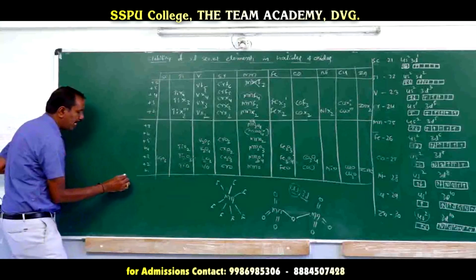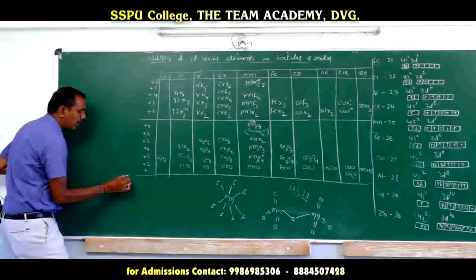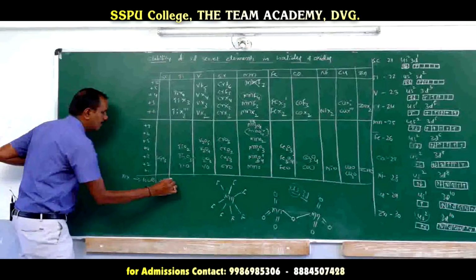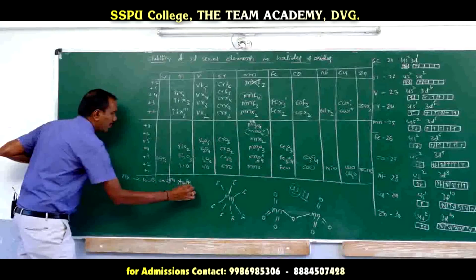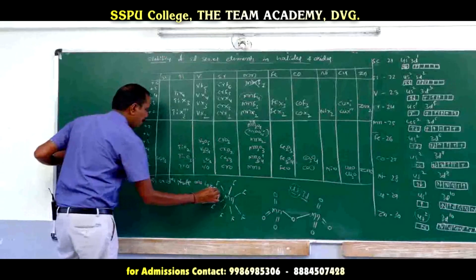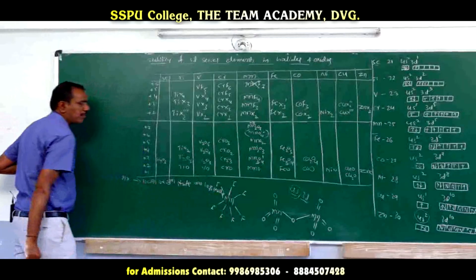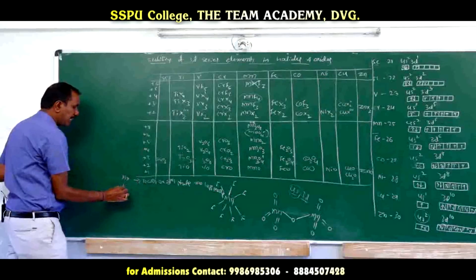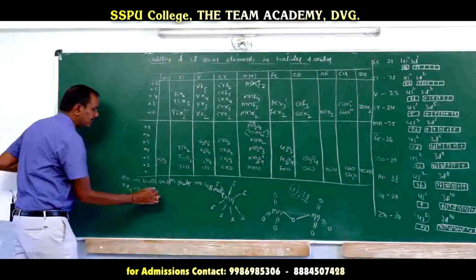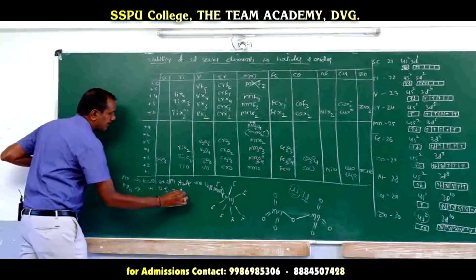Usually metal halides in the lower oxidation state are less stable, but metal halides in the higher oxidation state are stable.